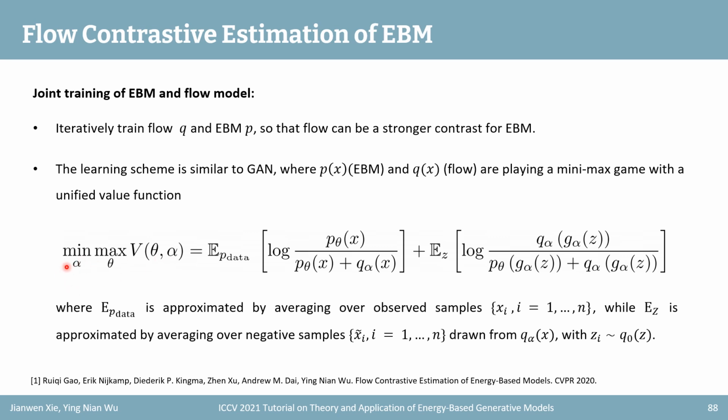This is very similar to the GAN scheme, right? This is very much like a GAN, and later I will show you the difference. By this min-max adversarial training, we can learn both the flow-based model and the energy-based model jointly.